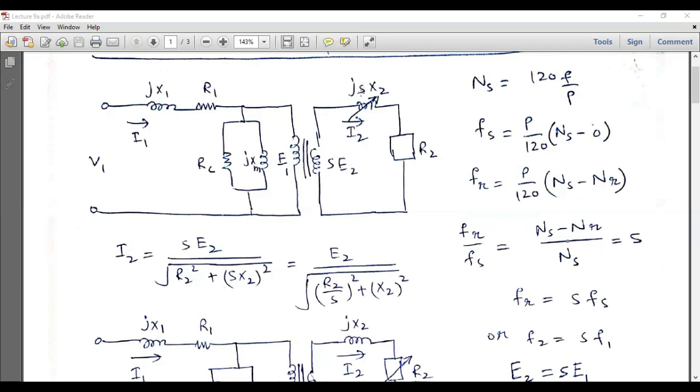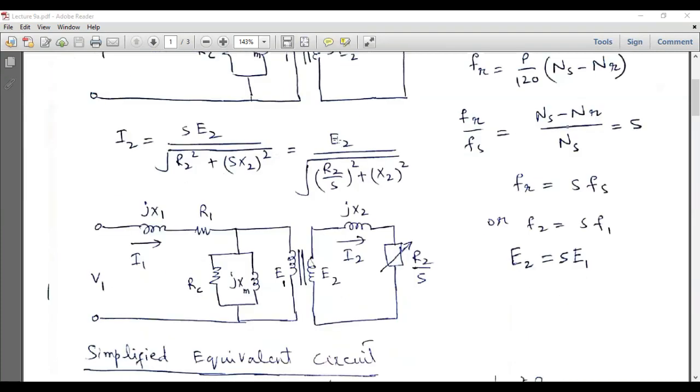Since this slip appears across this reactance, we have to specify this reactance as a variable reactance. This arrow is dealing with that. And when we modify this expression, the new expression will become this. So here the slip now appears with the rotor resistance.